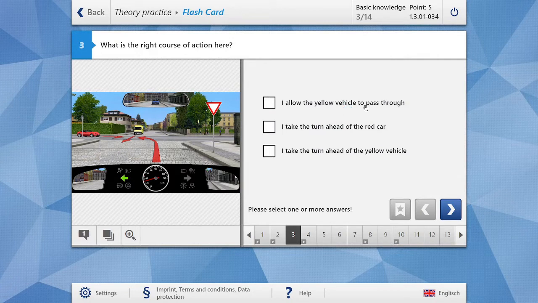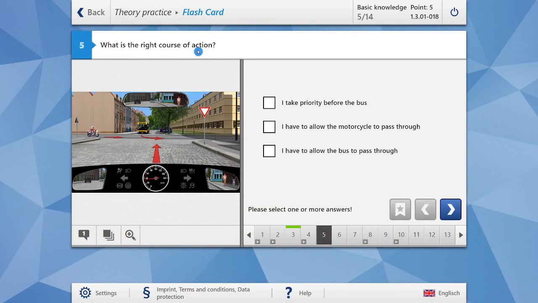I allow the yellow vehicle to pass through. Yes, that's correct. I take the turn ahead of the red car. No. I take the turn ahead of the yellow vehicle. No. That's how you go through your questions and answer appropriately. Let's give our answer. Yeah, that's right.